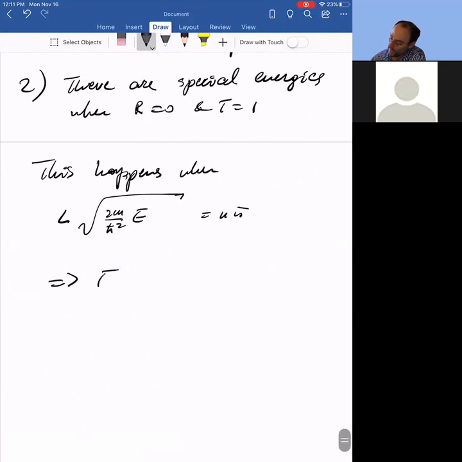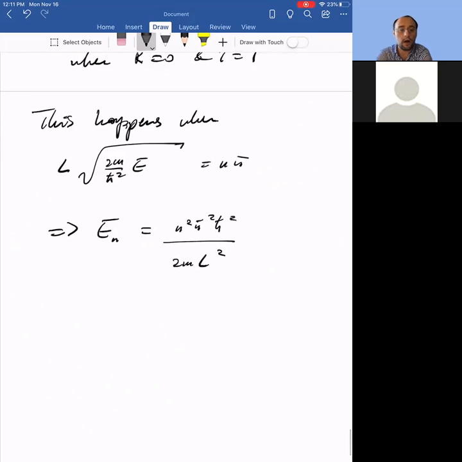In other words, this happens at energies equal to n squared pi squared h bar squared over 2mL squared, which are exactly the same energies as the energy of the infinite well.